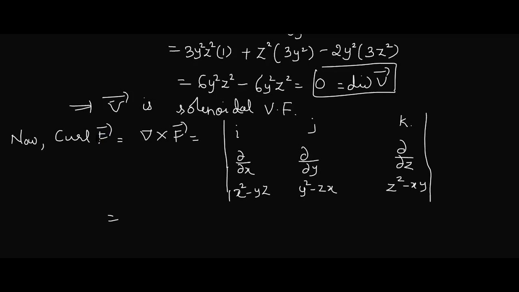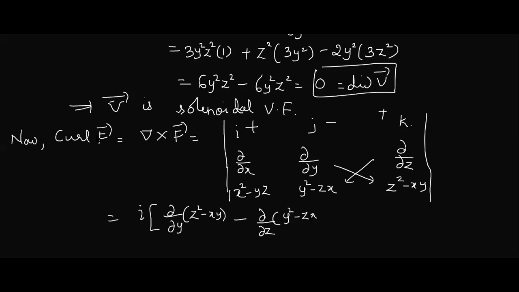Now start with the expansion. Plus, minus, plus. i into bracket. So try not to write directly. Write one step where you show how you are expanding the determinant. So what is this? Dou by dou y operating on z square minus xy, minus dou by dou z operating on which term? y square minus zx.